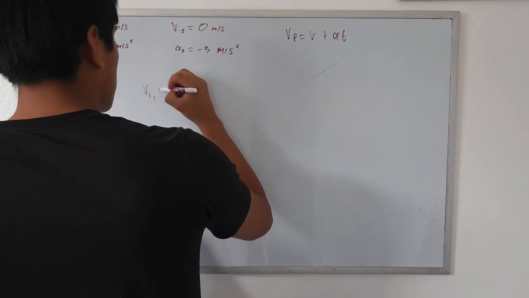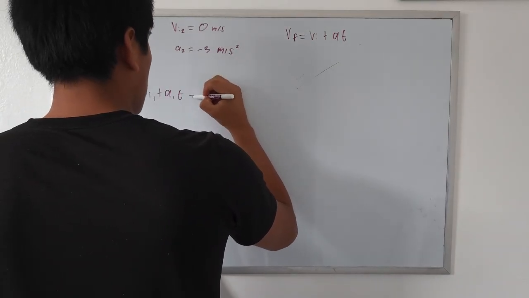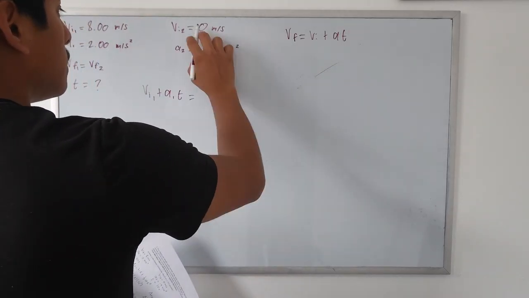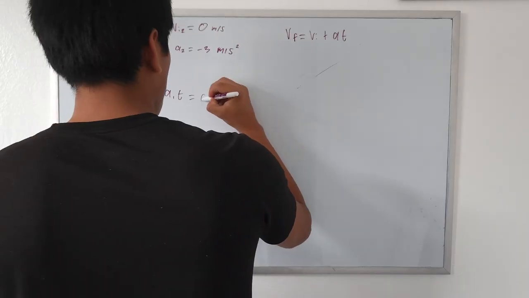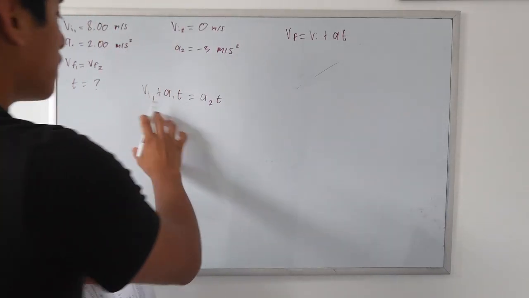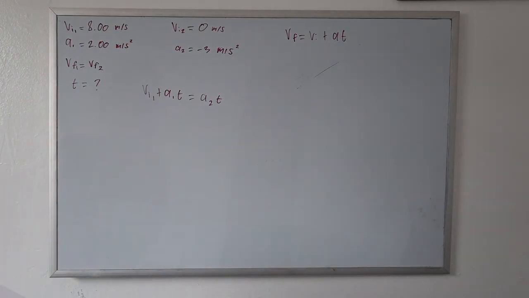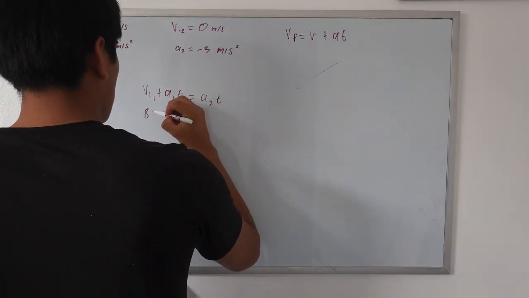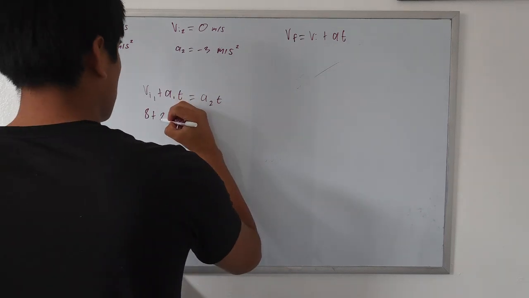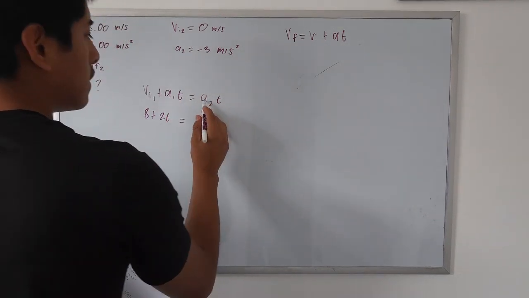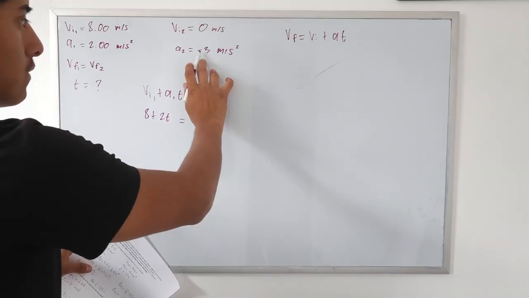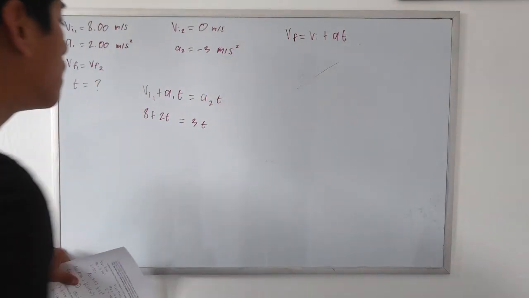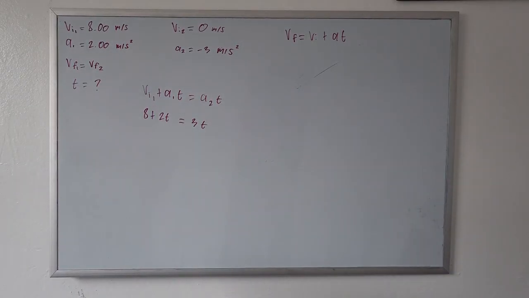So V final 1 equals, we know that V initial over here is 0, so it's just going to be AT. Now we start plugging in everything that we know. V1 is 8 plus the acceleration 2 times t equals, we're not going to include the negative, I'm just going to put 3t right there.